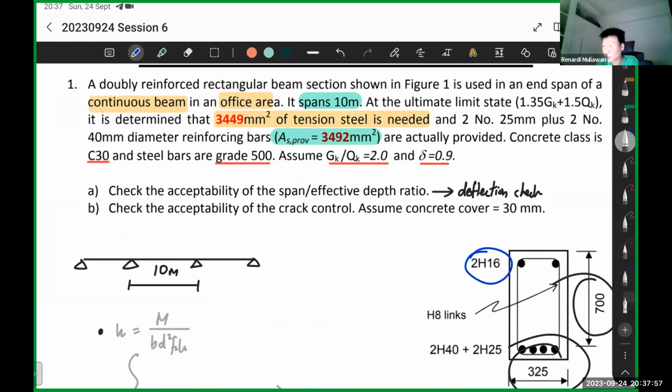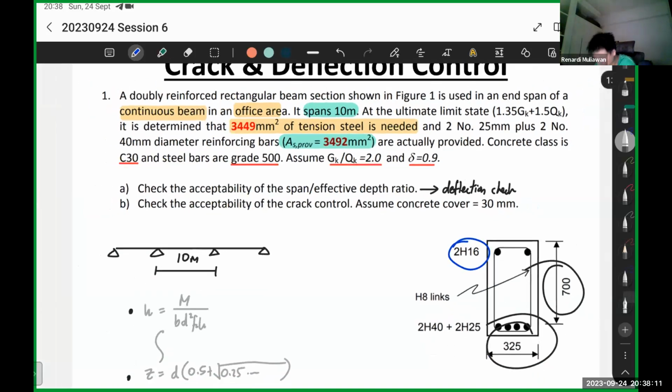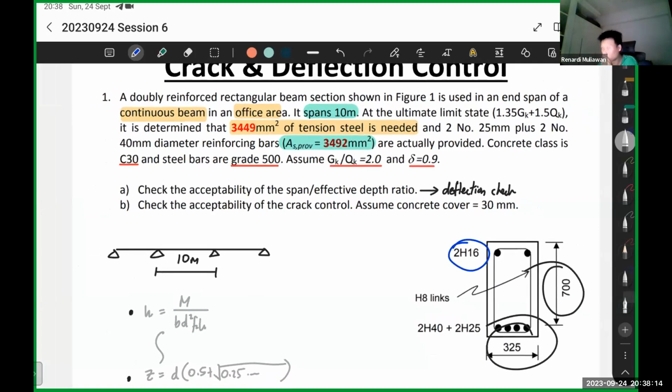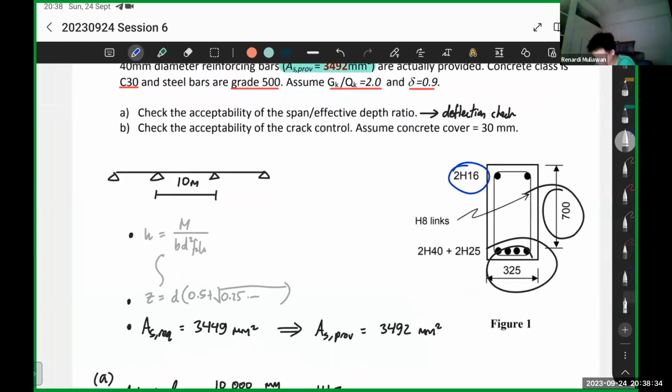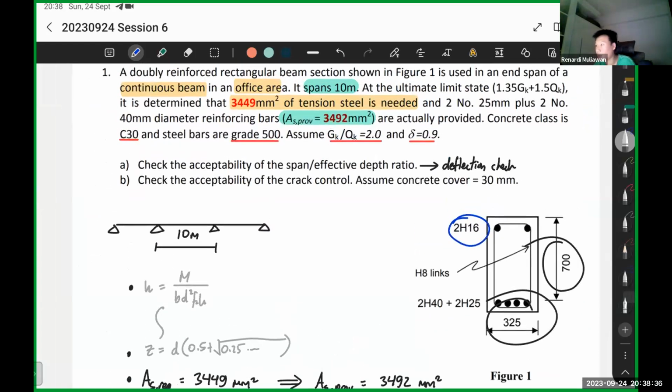Let me check first, I'm not so sure. 2 times pi r squared, 2 times 550 equals 402.